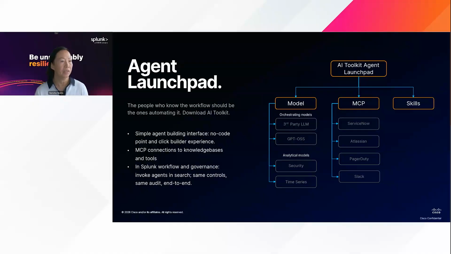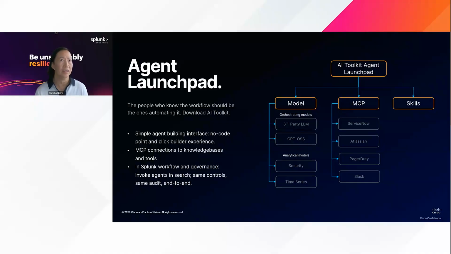And then we also can connect to any MCP server and connect to different tools that you may need to get access to. And then we have a skills capability. Skills are additional instructions that you want to give to your model to accomplish certain tasks.